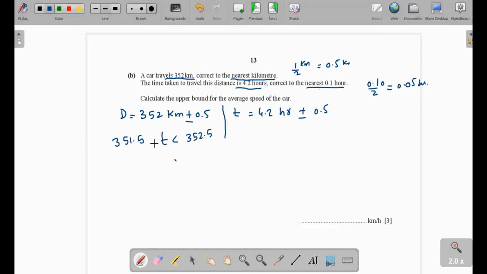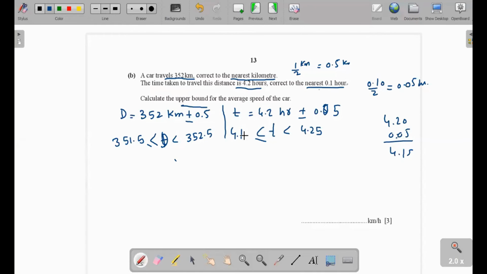This is the distance range. The time range: 4.2 plus 0.05 is 4.25, and subtracting 0.05 we get 4.15. The time value is 4.15 to 4.25.